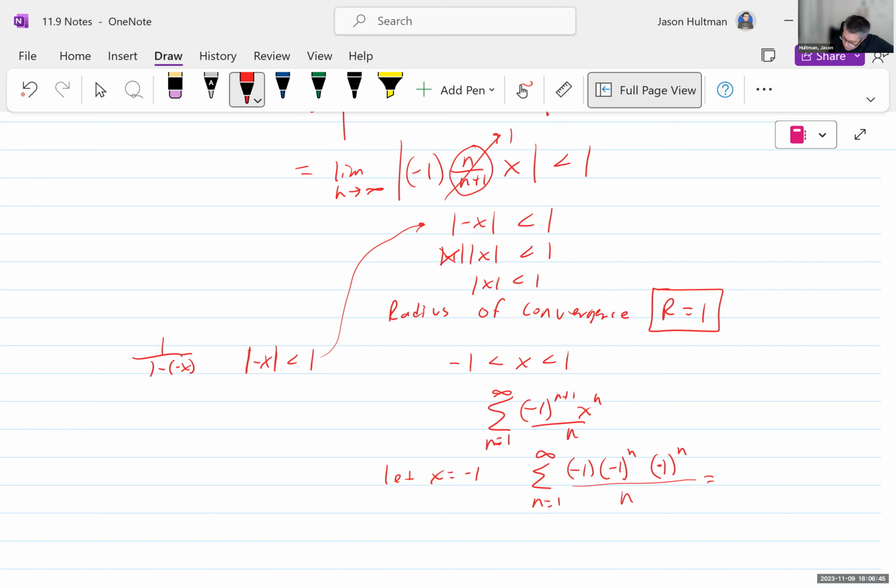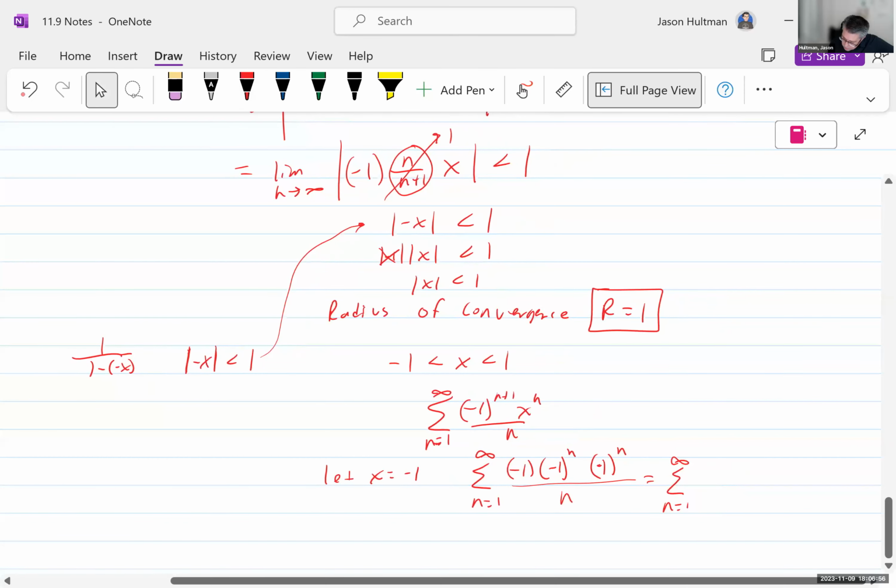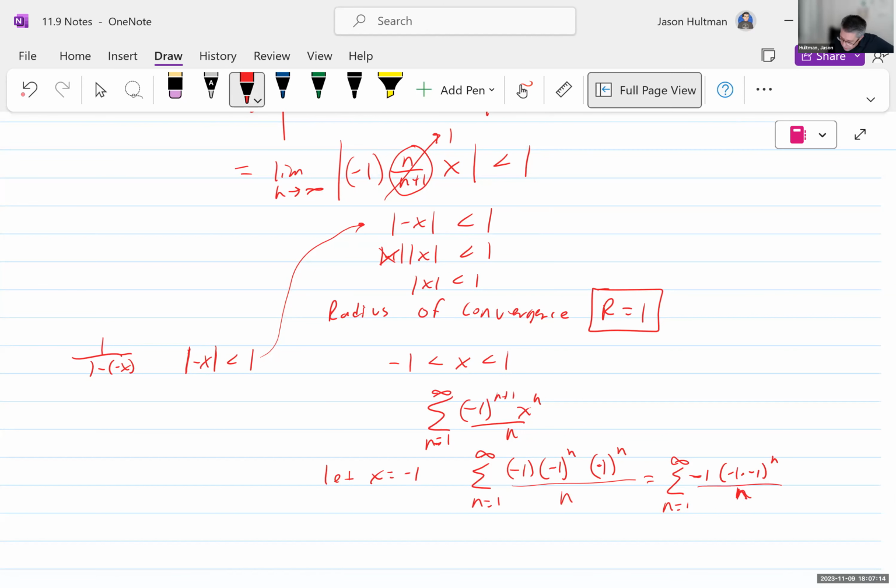And so this thing becomes -1 times -1 to the nth. Let's not do sloppy math. Let's keep it nice. This is -1 times -1 times -1 to the nth power, which is going to be +1. Then I could bring one of these negatives outside.